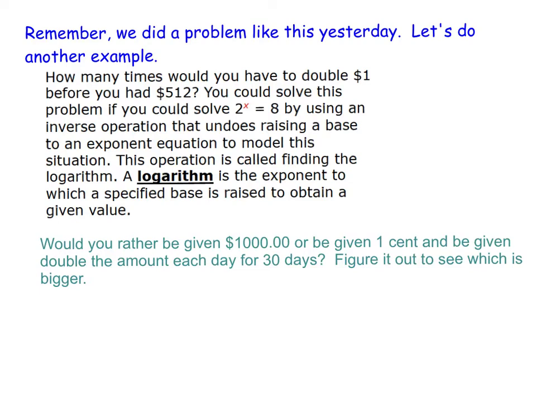In other words, the first day you're given a penny. The second day you're given double that, 2 pennies. The third day you're given double the 2 pennies, 4 pennies. The fourth day you're given the double of that, which is 8 pennies. Now notice, you're getting 8 pennies given to you plus what you originally had. Okay, so that's the task. Figure out which you would rather be given and hand that in on a sheet of paper coming into class tomorrow.